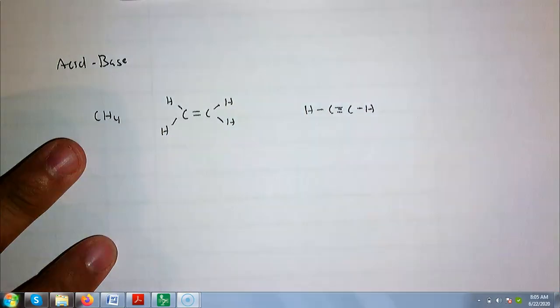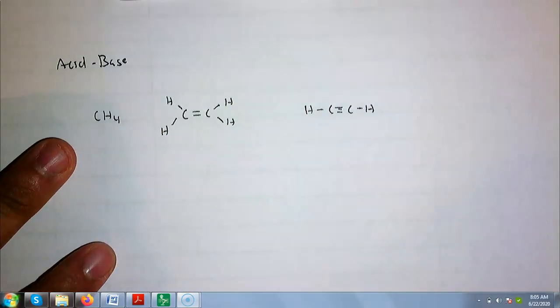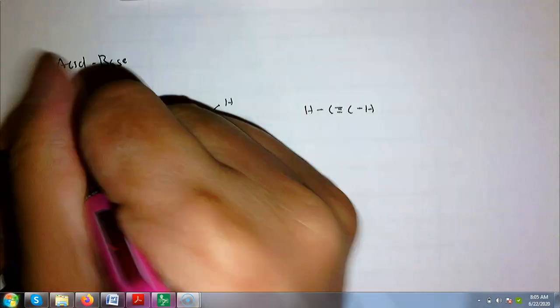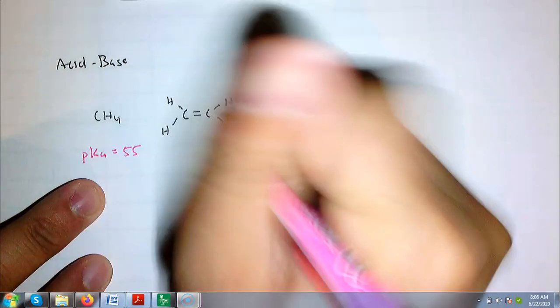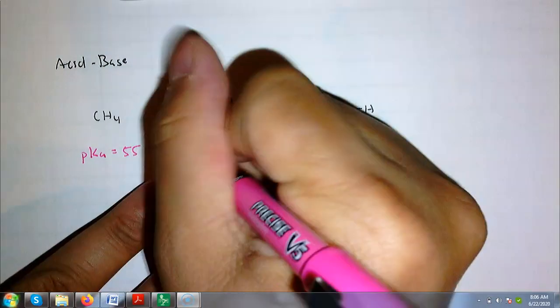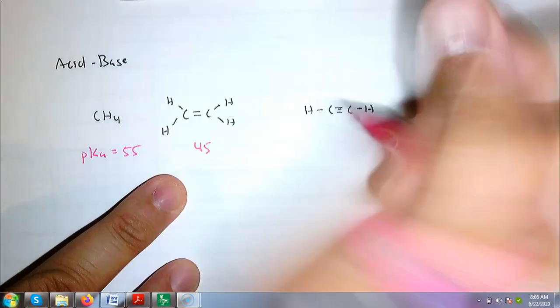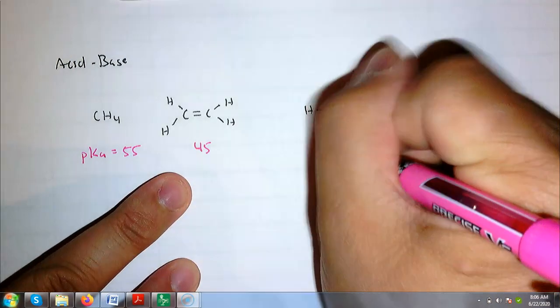Due to hybridization, the alkyne is actually the most acidic. It's still not very acidic relative to other molecules. Okay, 55 to 60. This one, I'd say normally 45, and this one is 25.